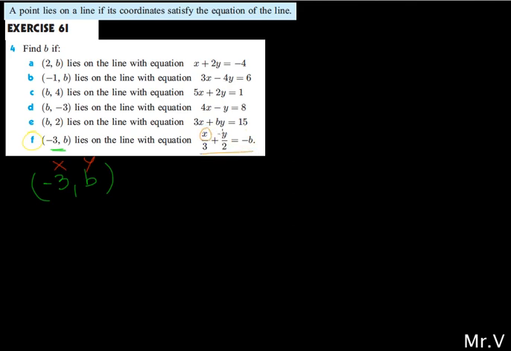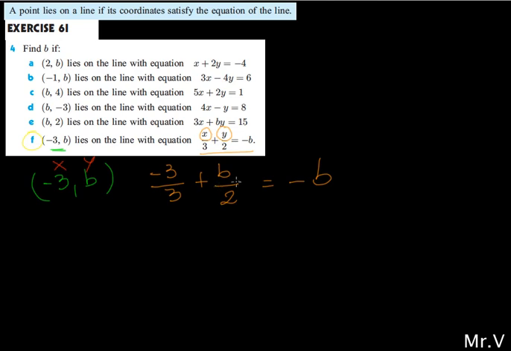So these x and y are the values that I need to plug. So my x is -3 over 3, if I look at the equation, plus y. Here I don't have a value, so this is an unknown, and I just plug it in as b. There you go, done. Over 2 equal -b.